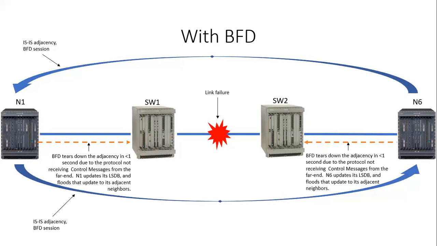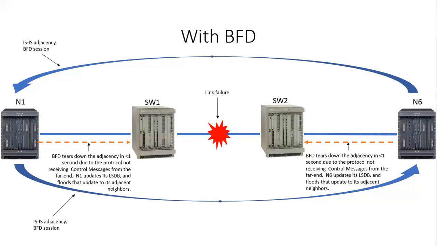So the BFD protocol on N1 increments the data field in this control message by 1. So the data field is now 1. It sends that control message to N6. N6 sees that control message and sends it back to N1. N1 processes the control message, sees the number 1, understands that it set that data, and increments it to 2, almost like a loop.